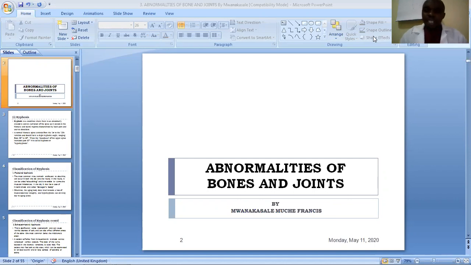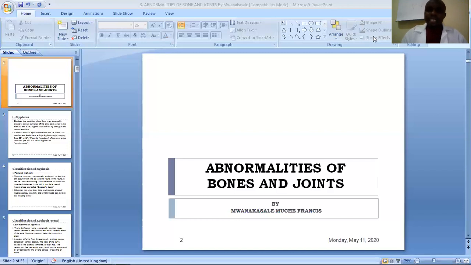Now, before we go into details, here are the objectives that as students you are supposed to understand. The general objective states that a student nurse should be able to acquire knowledge about kyphosis and its management. The first specific objective is to define kyphosis.